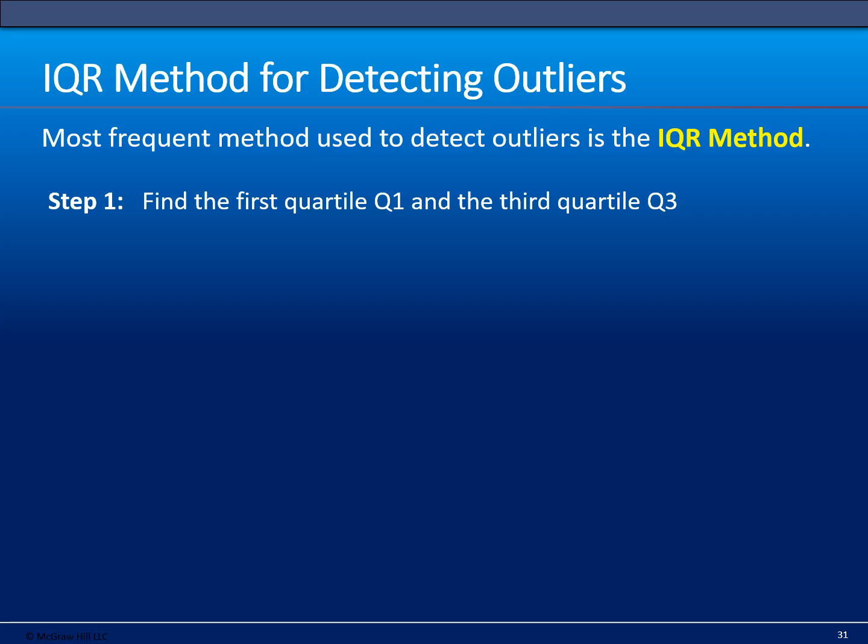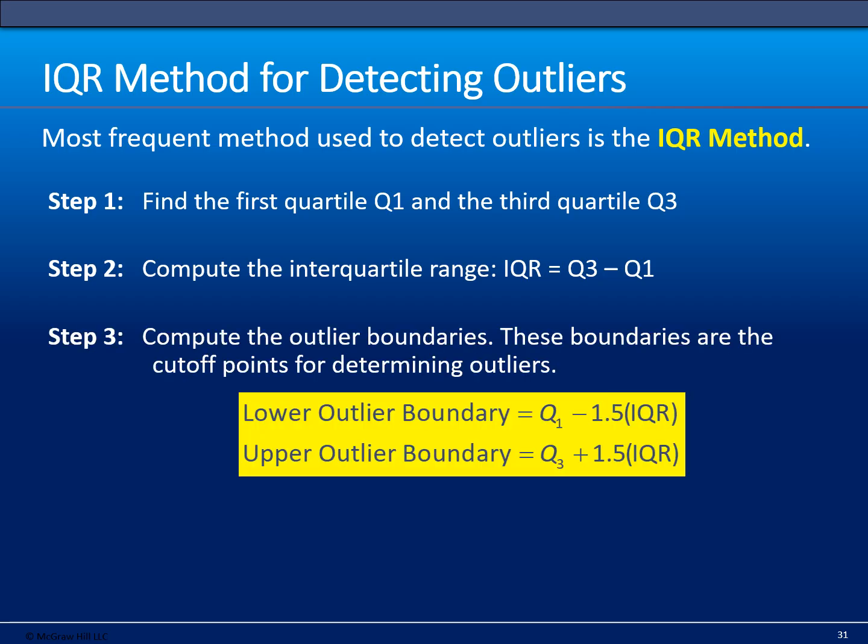So we find the first quartile, we find the third quartile, we find the interquartile range, Q3 minus Q1. And then we create boundaries. We say the lower boundary is quartile 1 minus 1.5 times the interquartile range.